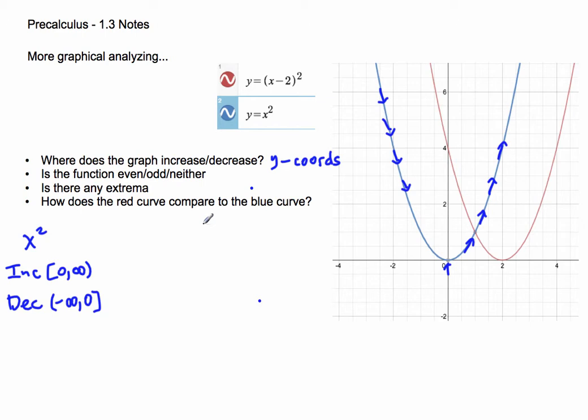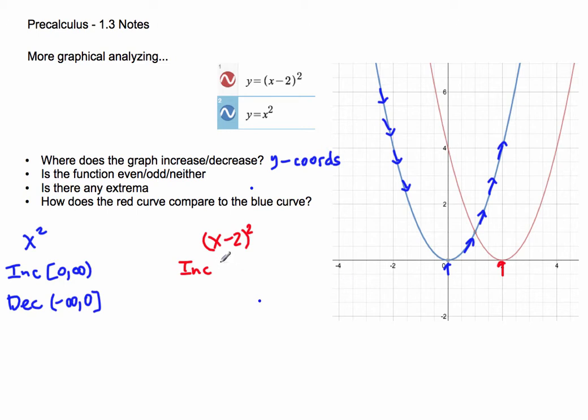Okay, well, what about this x minus 2 squared? So if we look at x minus 2 squared, where does it increase or decrease? And the same rules apply. When we look at increasing behavior, we look at where the y values are getting larger and larger and larger. And it looks like the vertex is here at the point 2, 0. So we're going to go from 2, 0, which would be an x coordinate here.